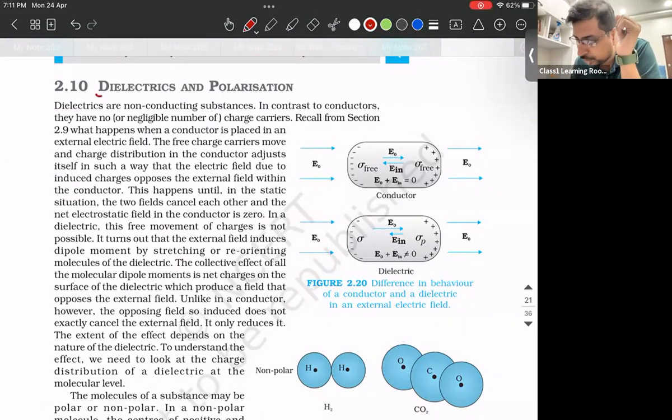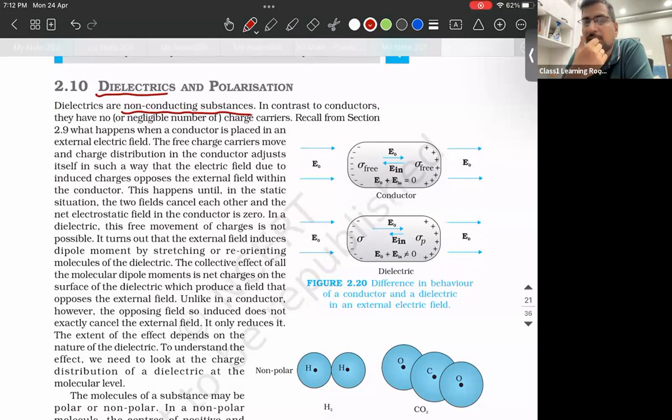Dielectrics are non-conducting substances. In contrast to conductors, which have free electrons, dielectrics do not have any free charge carriers.